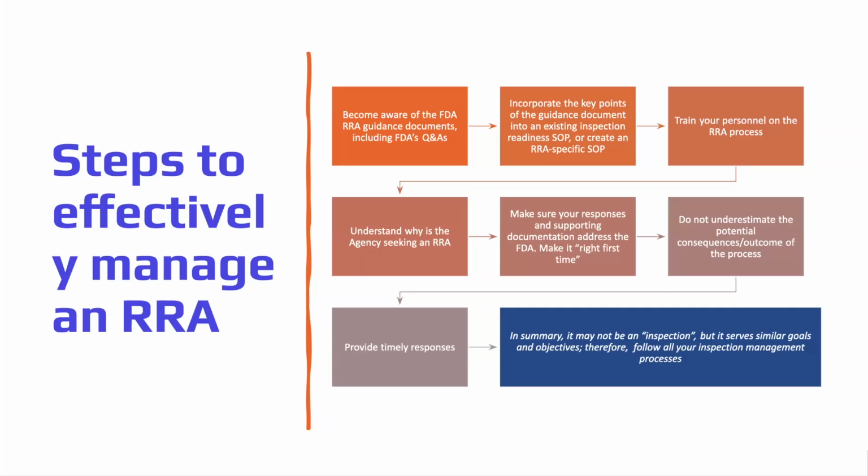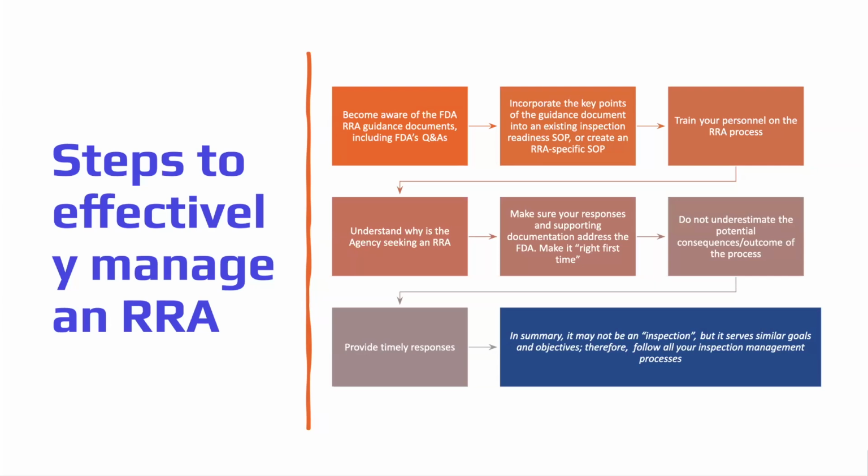The second thing you need to do is to incorporate these key points of the guidance document into existing inspection readiness procedures. Or you may want to create your own RRA-specific procedure.